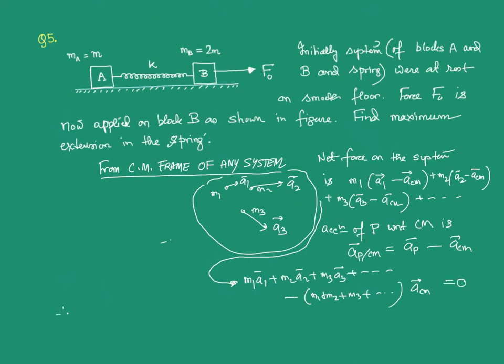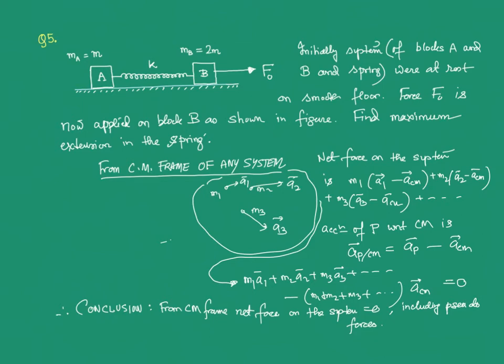So the conclusion is that from the CM frame the net force on the system is equal to 0, including the pseudo forces, remember that. So from there on we can start working.